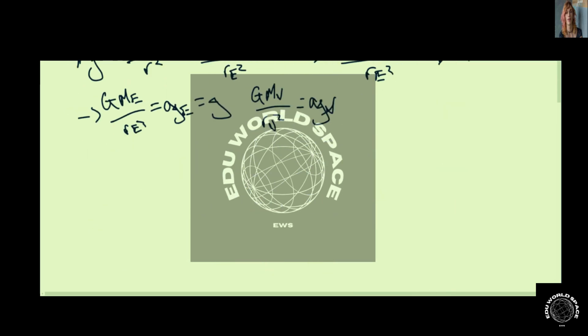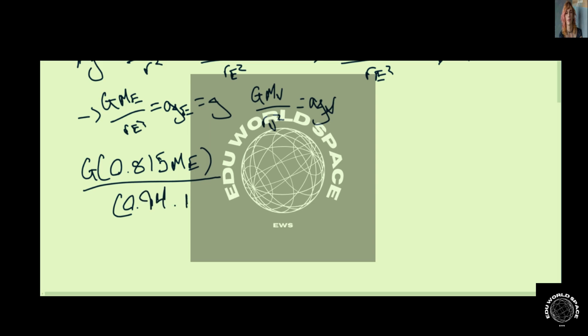Okay, so we just take what we have now and we plug in the numbers it gives us. So we know that the mass of Venus is equal to 81.5% the mass of Earth. And we know that the radius of Venus is equal to 94.9% the radius of Earth.